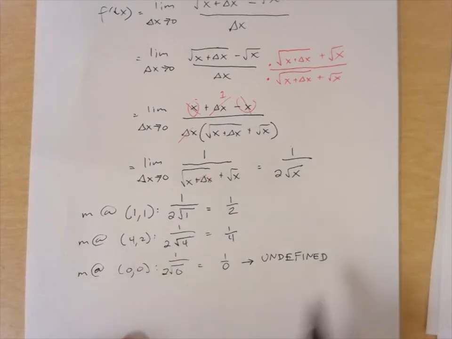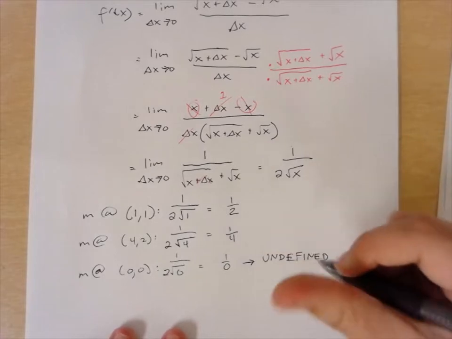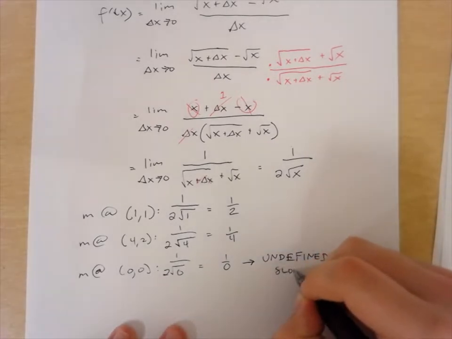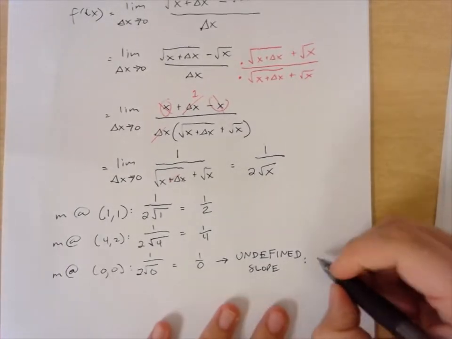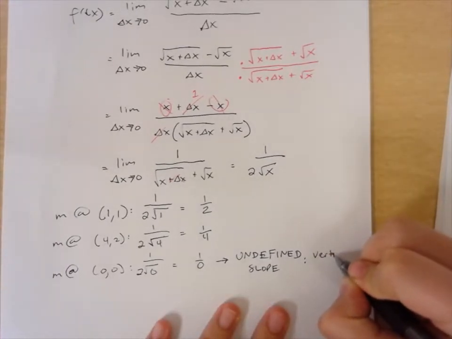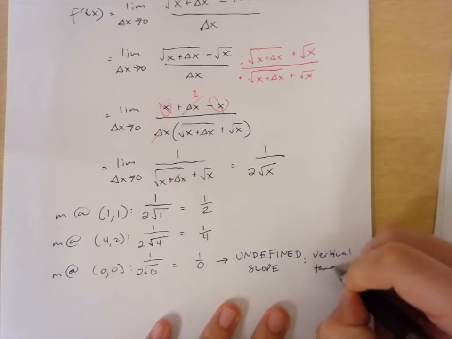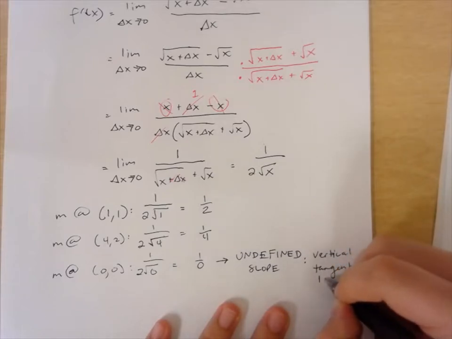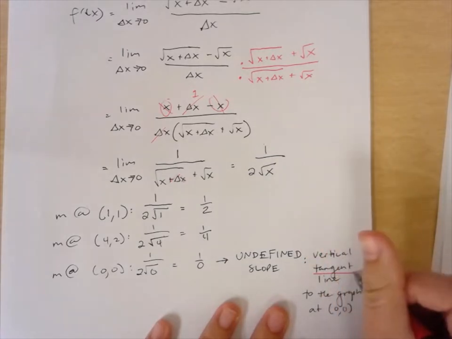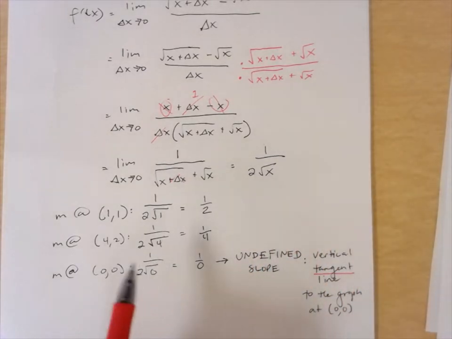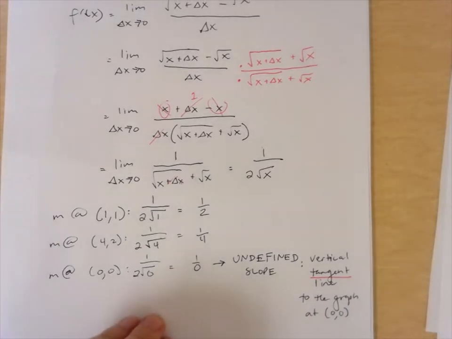So, undefined slope only happens when we have a vertical line. So in this case, what we have is a vertical tangent line to the graph at 0, 0, right? The tangent slope at that exact point, 0, 0, would be a perfectly vertical line. Okay.